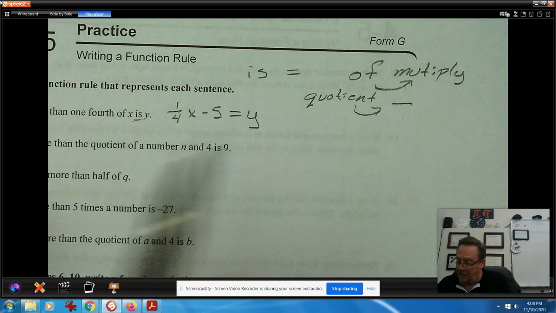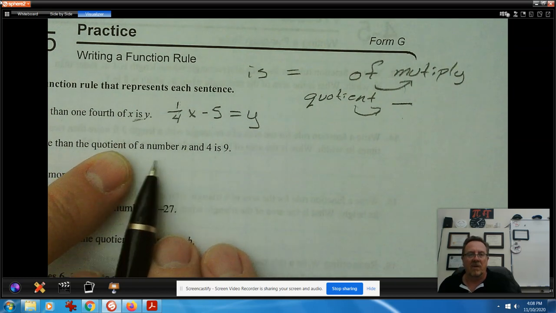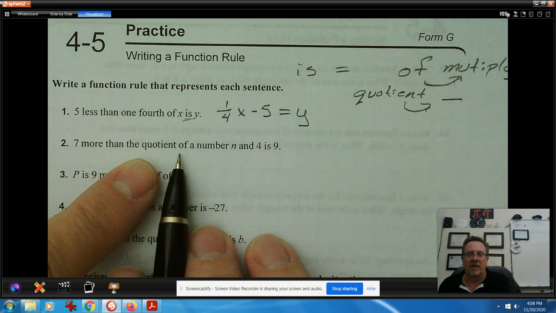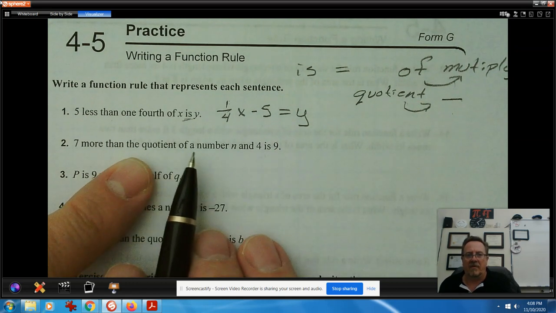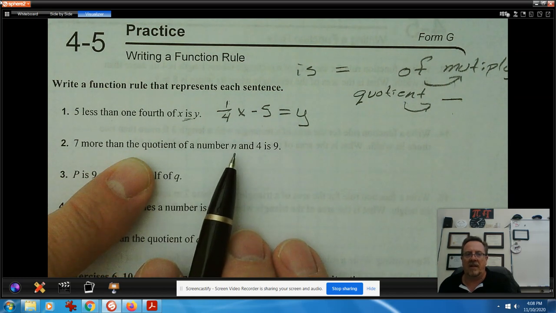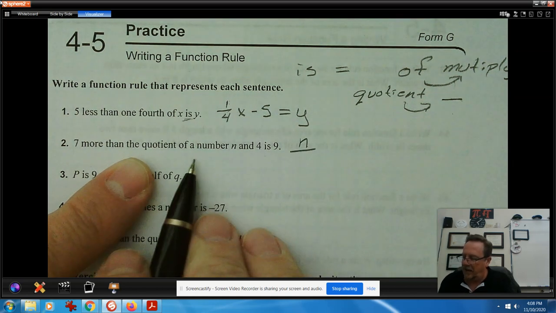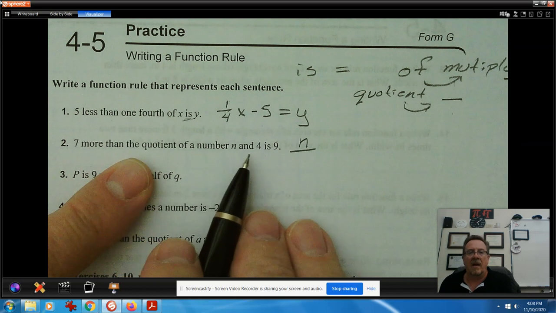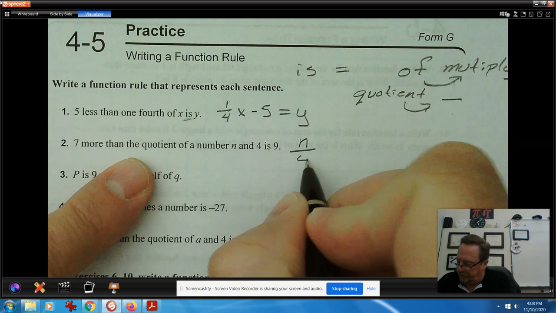So here we go, 7 more than the quotient of a number n and 4. So when I say quotient, I mean I'm going to have a fraction bar. So quotient of a number n and 4, when it says quotient, the first thing that it gives you goes on the top of that fraction bar. So I'm going to say n, and the second thing that it gives you, 4, goes on the bottom.